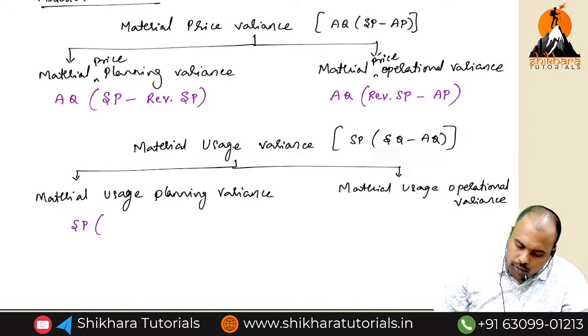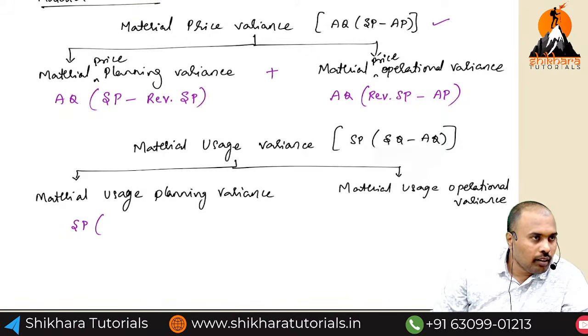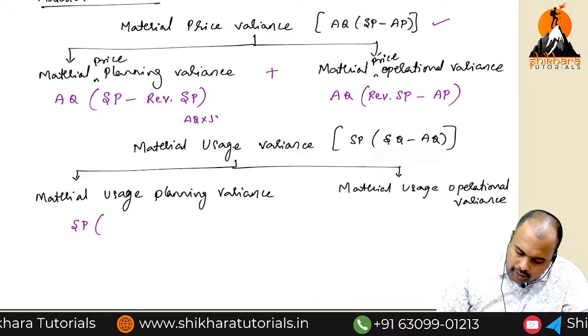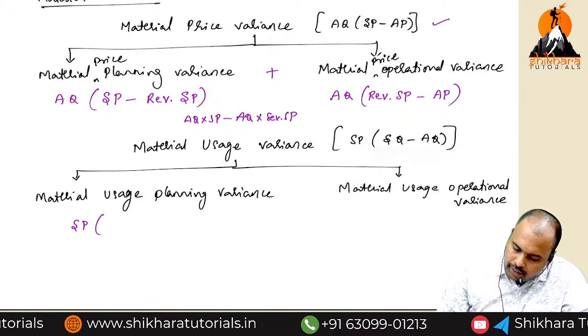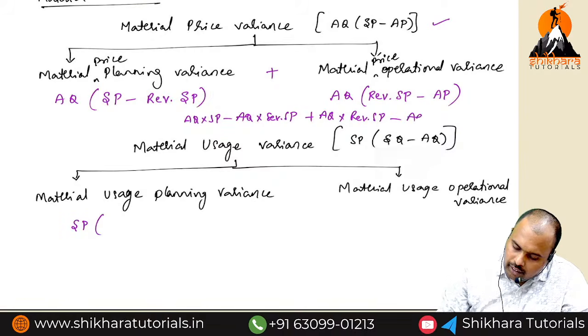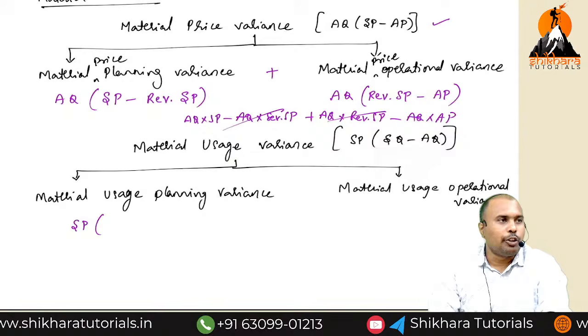Understood? Because the sum of these two has to be equal to this one. If you rewrite the formula, you see AQ into SP minus AQ into revised standard price plus AQ into revised standard price minus AQ into AP. And this will get cancelled, that should be nullified.